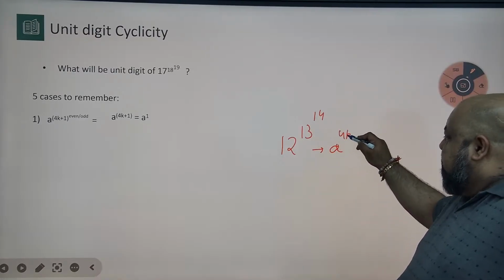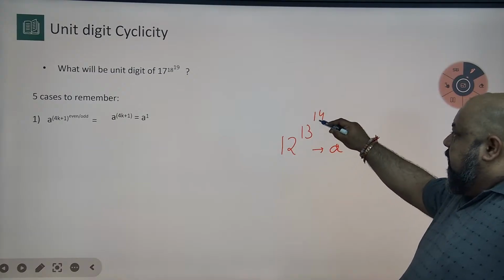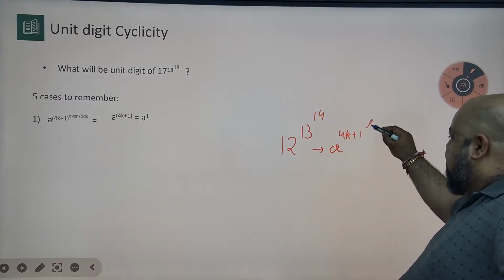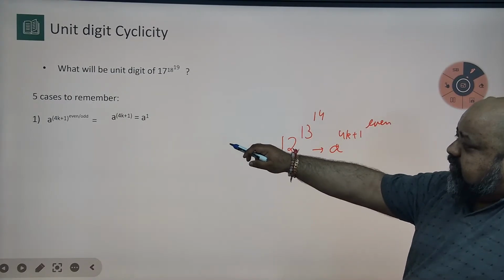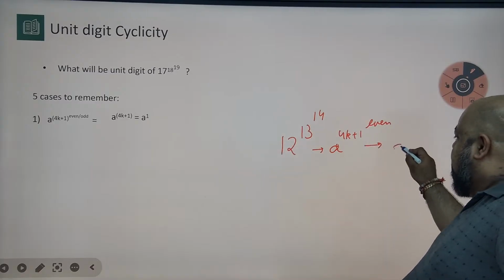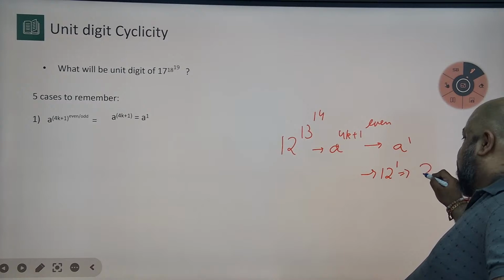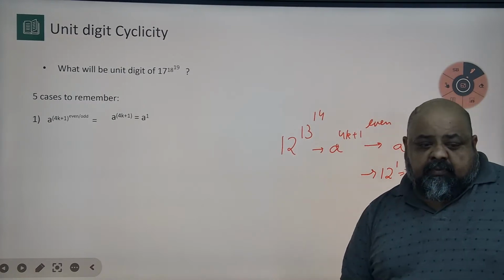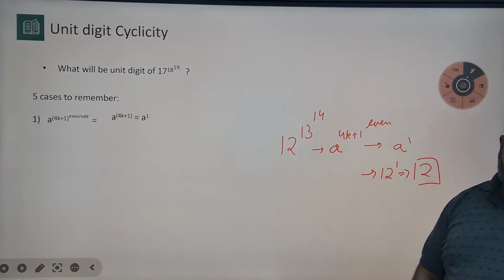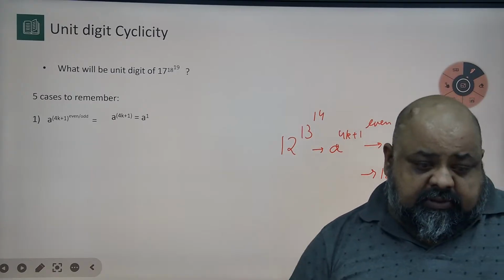So it is 4k plus 1, and 14 is even. A raised to power 4k plus 1 ends in A raised to power 1, or 12 raised to power 1, which is 2. This becomes my answer. Right? Without any exception, we can keep doing this.